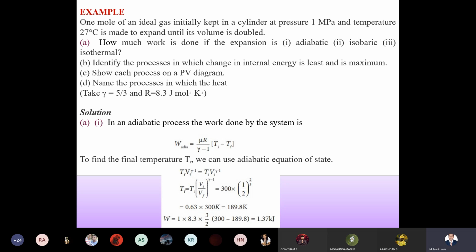How can we get the gamma value? Take gamma equal to 5/3. T initial is given and T final was calculated. If you substitute, we get the value of W as 1.37 kilojoule, positive.